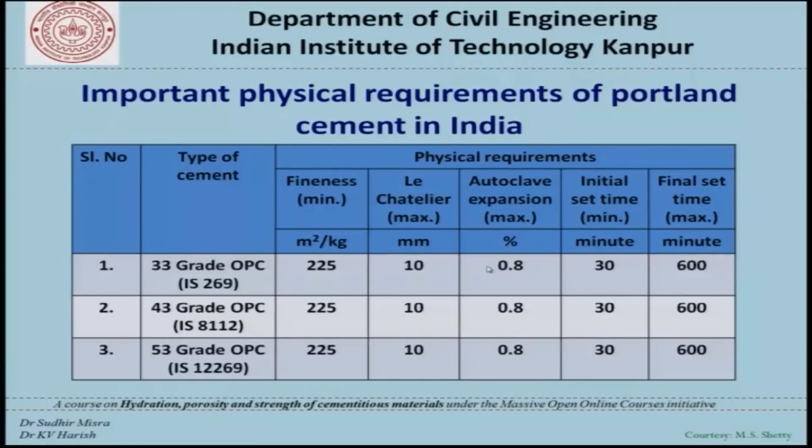Autoclave expansion maximum in percentage is 0.8% for all these cements, and remember, the minimum initial set time is 30 minutes for all these cements, and the final set time maximum is 600 minutes for all these cements. All these values are extremely important.